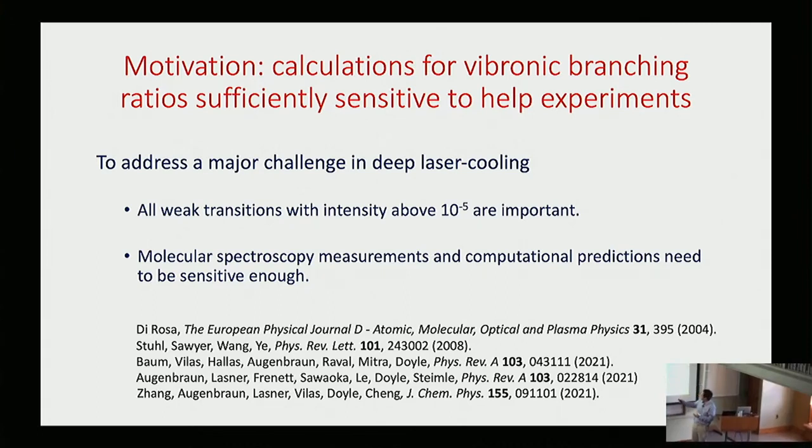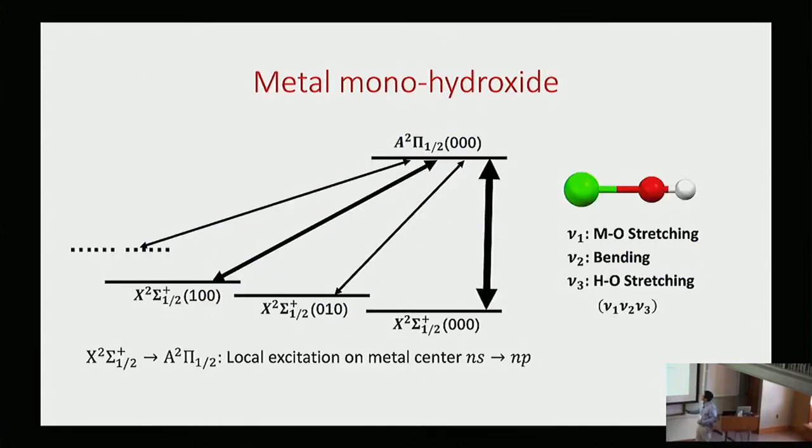And all transitions above 10 to the minus 5 will actually determine the success or failure of a laser cooling experiment in the laser slowing process. So this poses both challenges and opportunities in molecular spectroscopy, both in measurement and in computation.